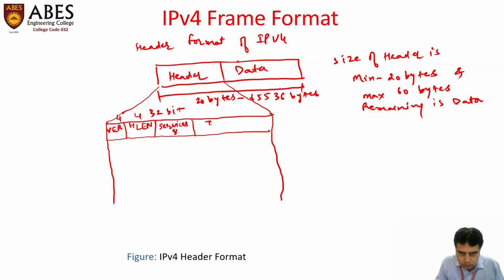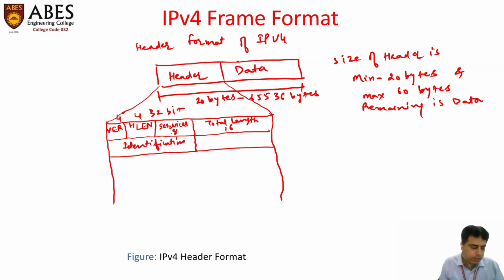Next is total length. This is a 16-bit field. Now the next 16-bit field is identification. Now here the 3-bit field is flags. Now here is fragment offset. This is a 13-bit field.